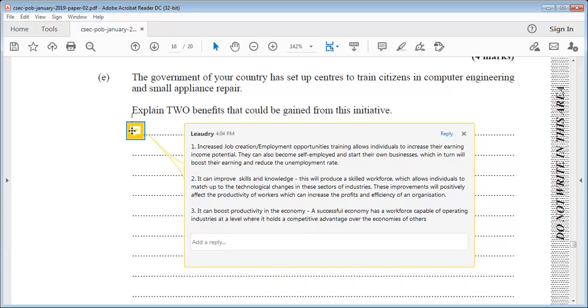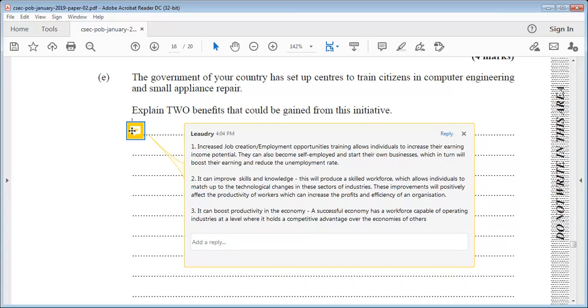Another benefit, it can improve skills and knowledge. Now, this will produce a skilled workforce, which allows individuals to match up to the technological changes in these sectors of industries. Now, these improvements will positively affect the productivity of workers, which can increase the profit and efficiency of an organization. A third benefit, it can boost productivity in the economy.